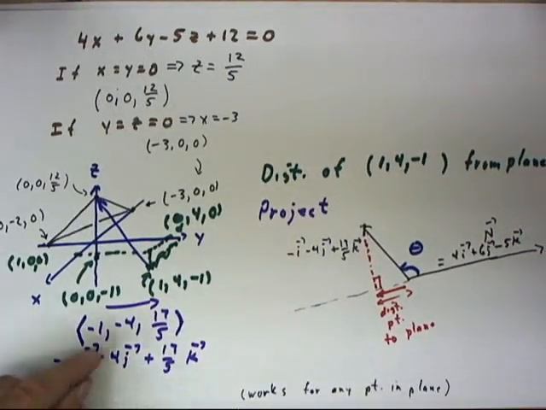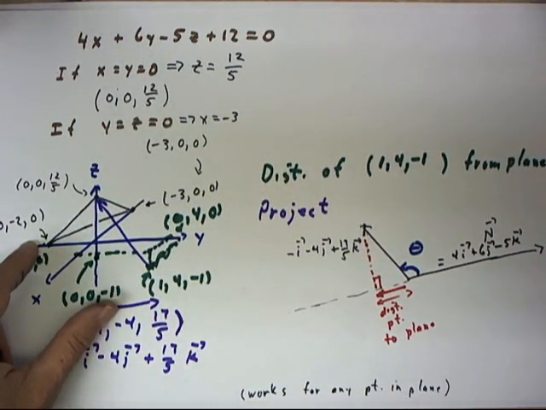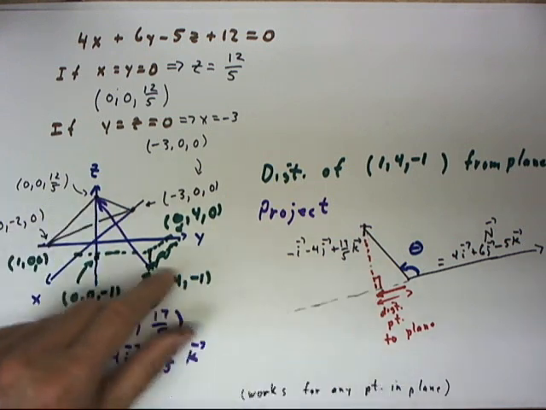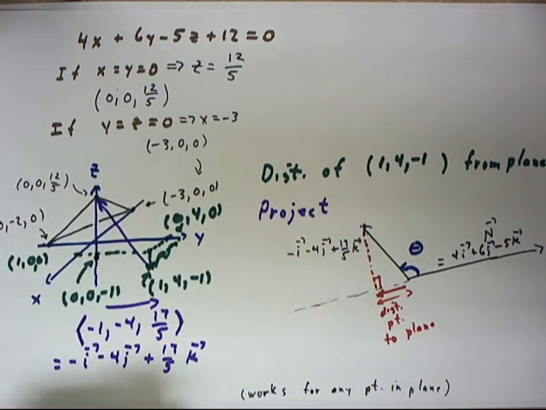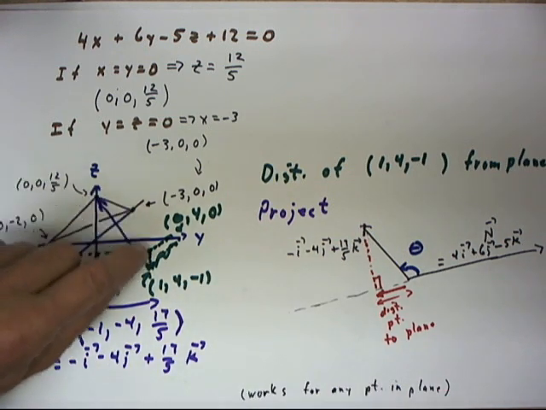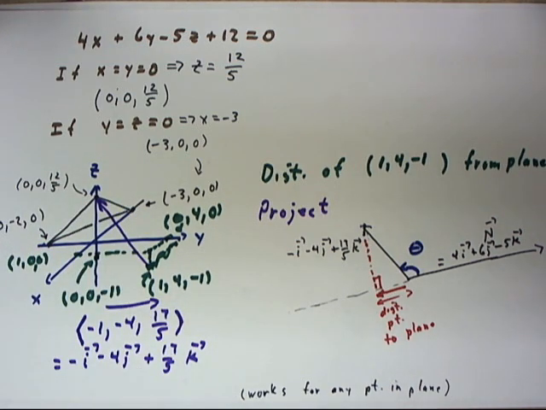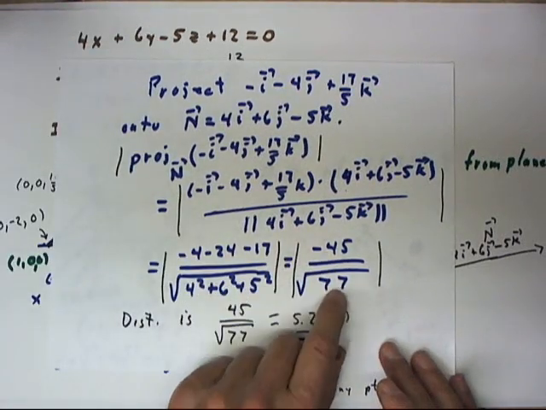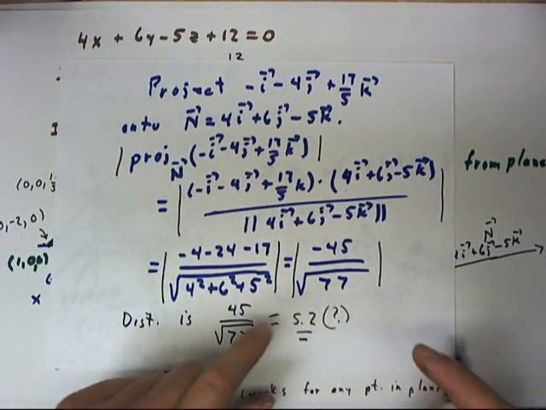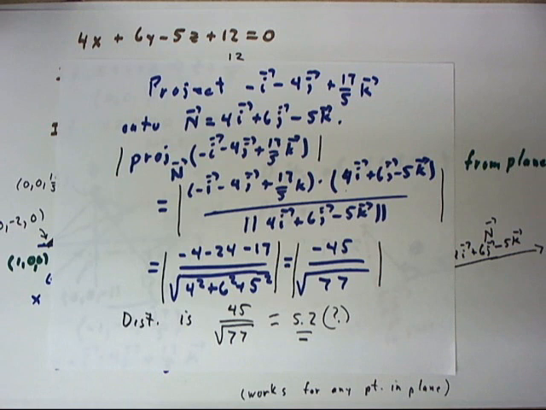It would have made no difference. The projection of this vector onto the normal vector would be identical to the projection of this vector onto the normal vector, or had we used this point or any other point of the plane, we would have obtained exactly the same result, 45 over the square root of 77, when we take the magnitude of the projection.